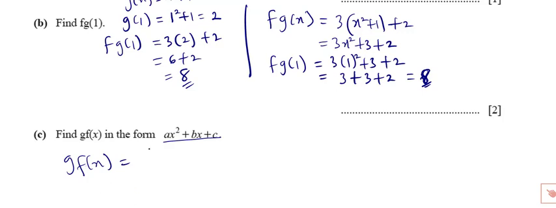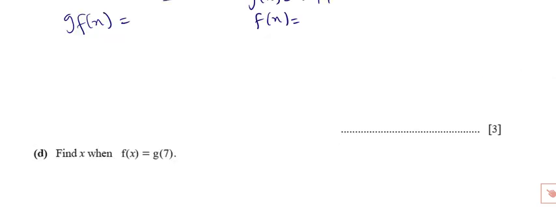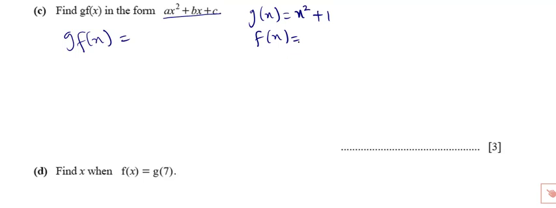Now, you will recall that g of x equals x squared plus 1, and also f of x equals, let me scroll up to see our f of x. Our f of x is 3x plus 2.